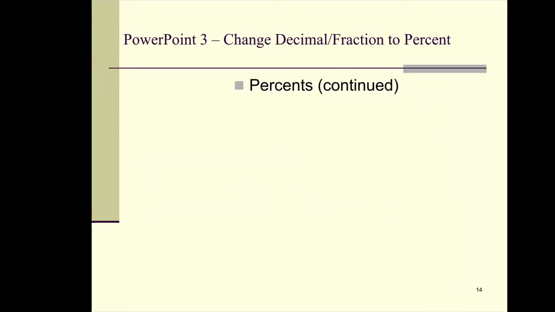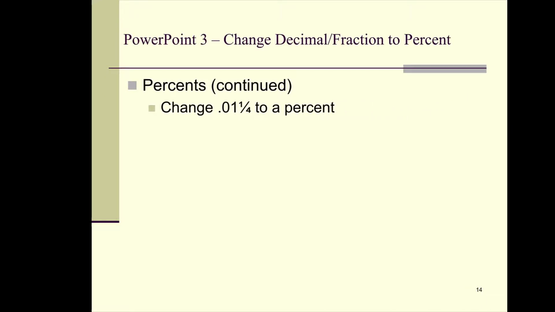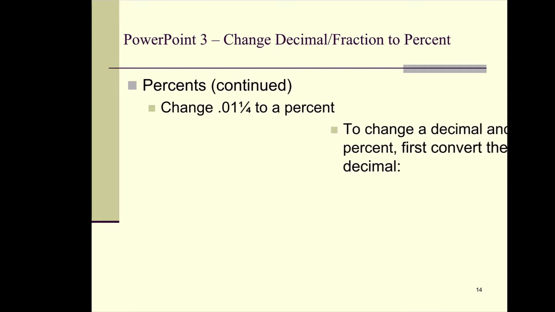And then finally, occasionally you get some bizarre stuff like this. Somebody wrote the number as 0.01 and a quarter. Well, we've got a decimal and a fraction, so we have to convert the fraction to a decimal. If you take 1 divided by 4, you get 0.25.